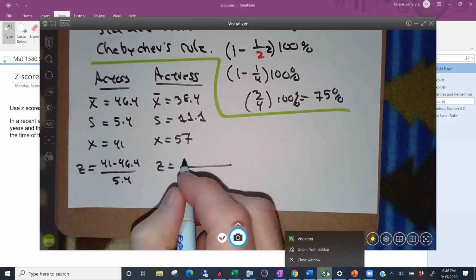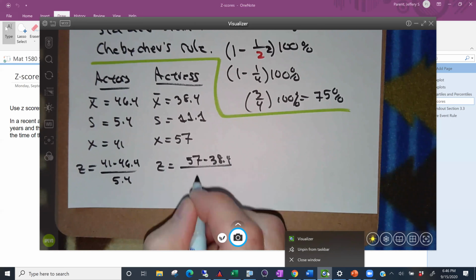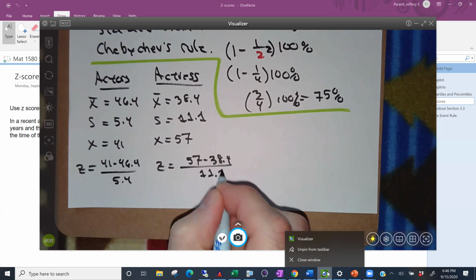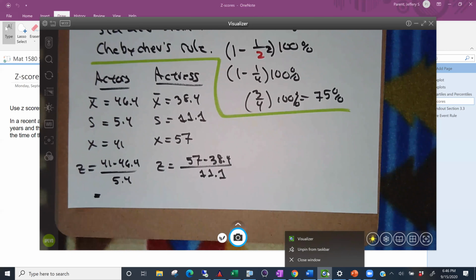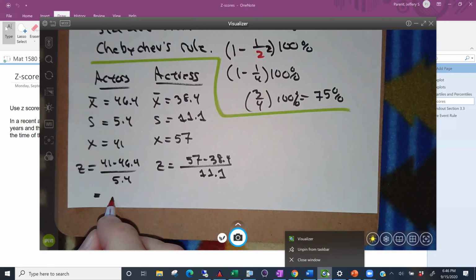And over here, 57 minus 38.4 divided by 11.1. Now the first one, I don't think I need a calculator, because that's just going to be negative 5.4 divided by 5.4, which gives me a negative 1 for the z-score here.